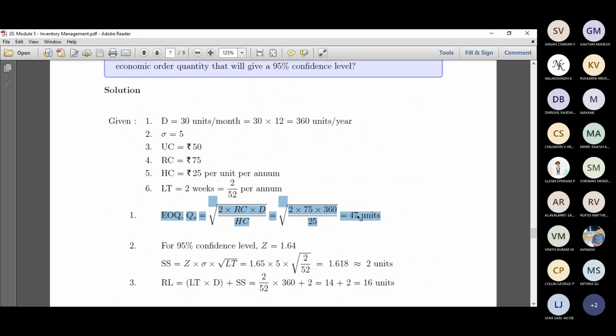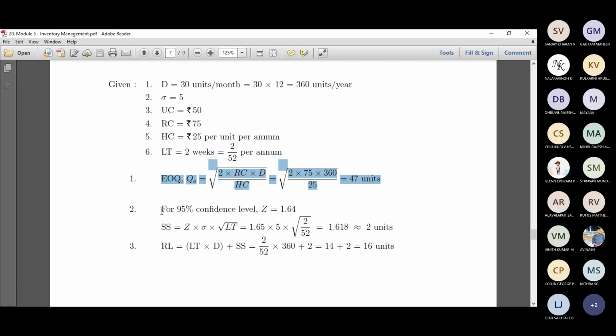You can see the EOQ formula is almost the same, unless otherwise for the production sector. Then for a 95% confidence level, the Z value is 1.64. This is from the normal distribution table. We will give the normal distribution table in the exam if any probabilistic demand inventory problem is asked.